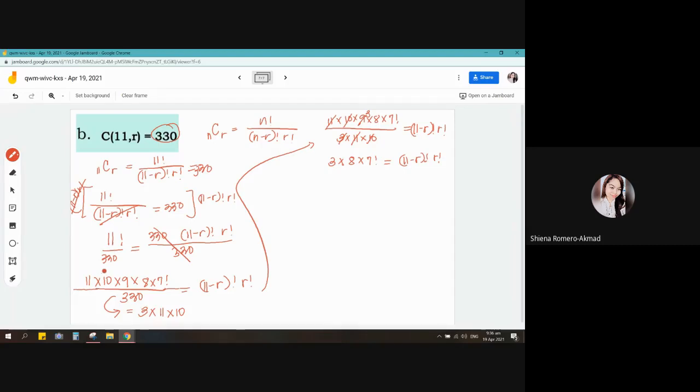Ano po napansin niyo dun sa 3? Sa 8 tsaka sa 7? Wala ka napansin sa 3 tsaka sa 8 tsaka sa 7?